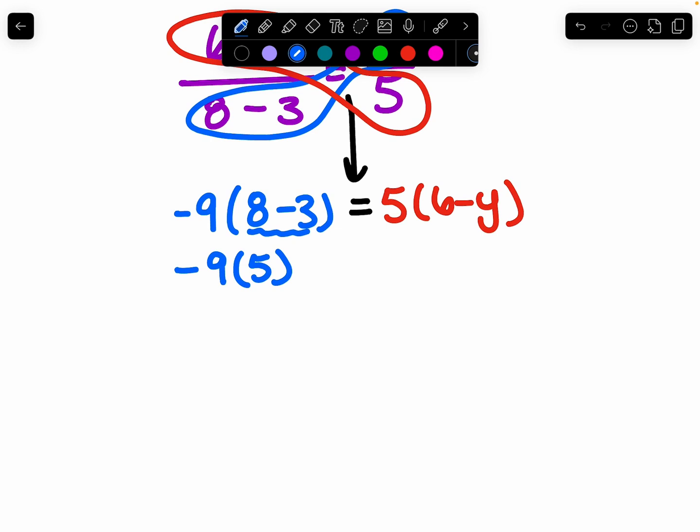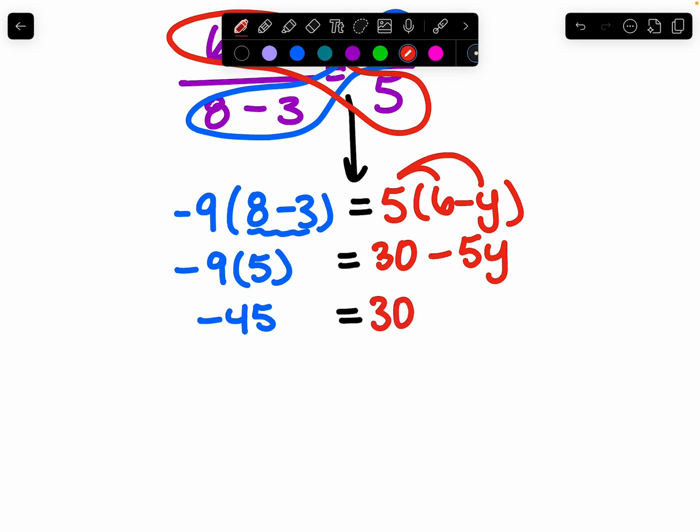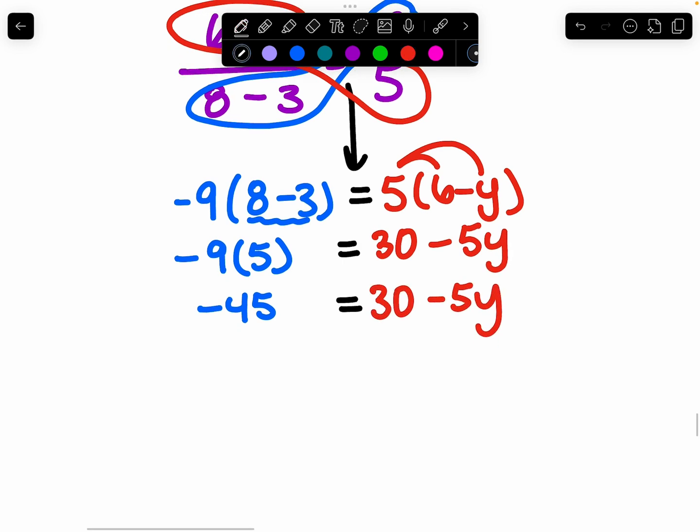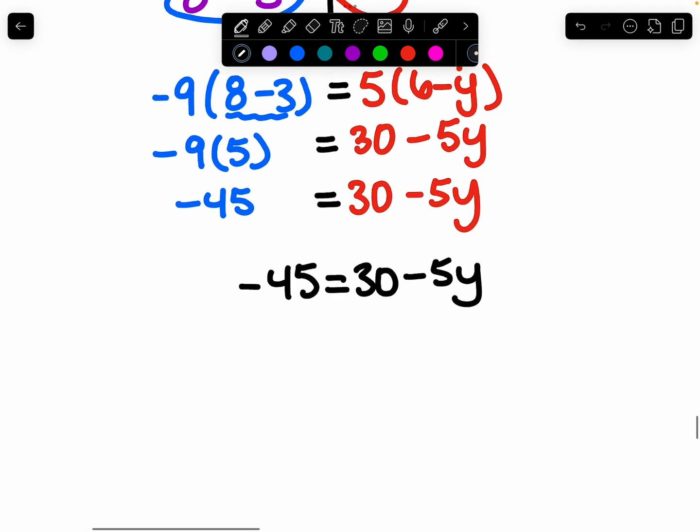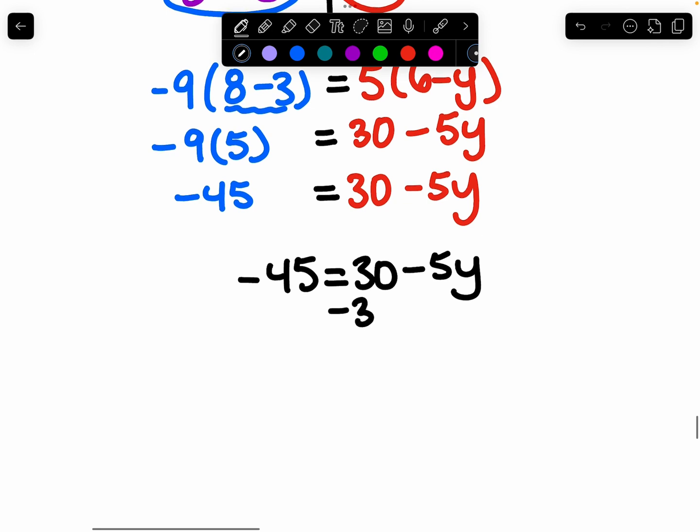From here, I can just simplify. This will be -9 times 5 because 8 minus 3 is 5, and that's -45. Drop down my equal sign. I'm going to distribute over here. This will be 30 minus 5y. Now I just have a good old-fashioned equation: -45 equals 30 minus 5y. From here, I'm supposed to get y by itself.